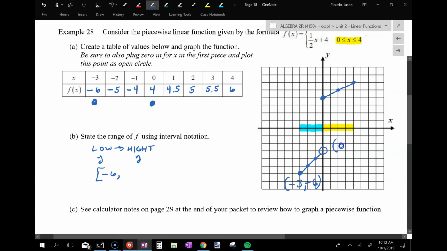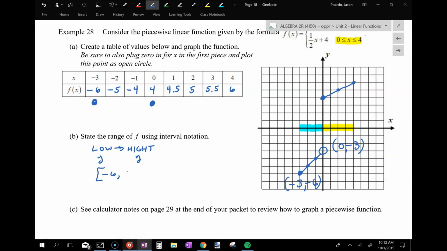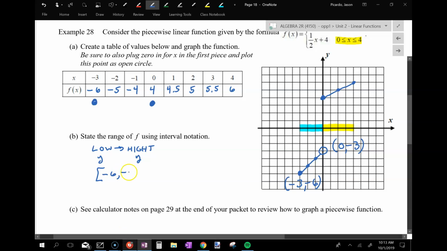That's 0, -3, right? So they go from -6 to -3. Is -3 part of the answer? No, because it's an open circle. So what am I going to put on -3? A parenthesis.